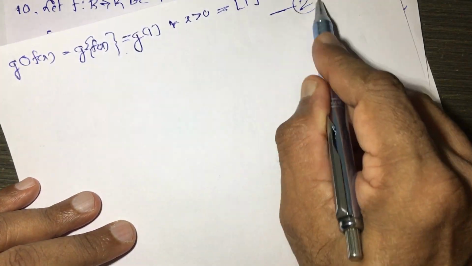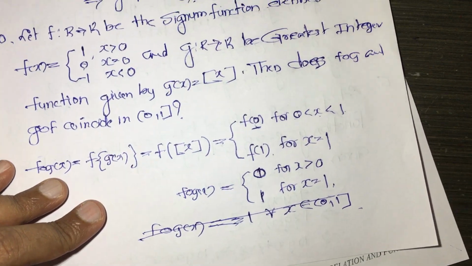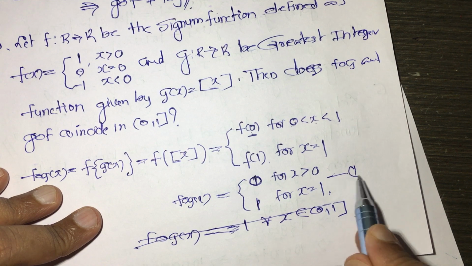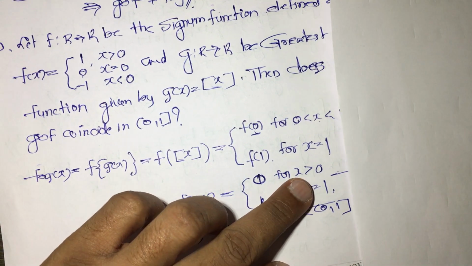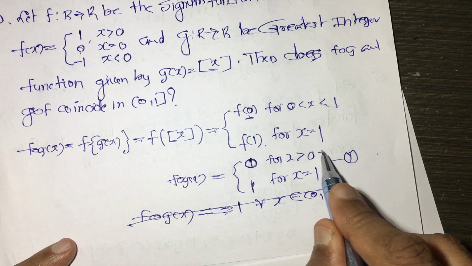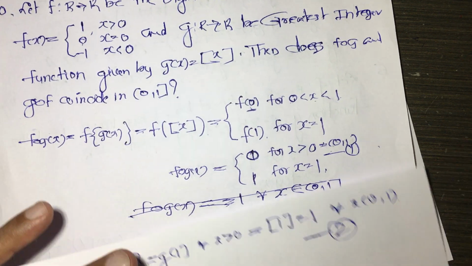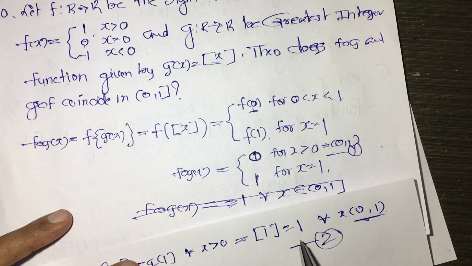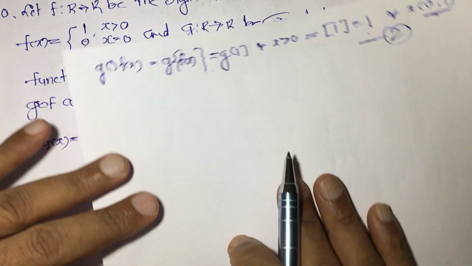Observe here, this is your 2 and this is your 1, but when x is greater than 0, this is the same interval (0, 1] and this is the same (0, 1]. Here we are getting 1 and here we are getting 0.